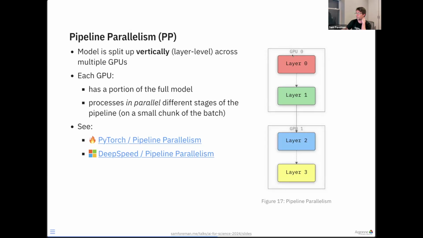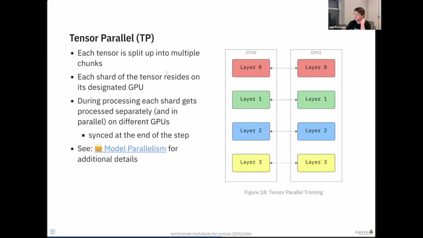If all 4 layers, for example, are too large to fit on a single GPU, a very easy way to split it up would be to put the first 2 on GPU 0, go through 0, go through 1, get that output, and then send that output to the next GPU and continue on with the forward pass. There are now ways to do this automatically, which is nice. They're still in early development stages, so there are bound to be some rough edges, but it's nice that there's now native support for these parallelism strategies in PyTorch and DeepSpeed.